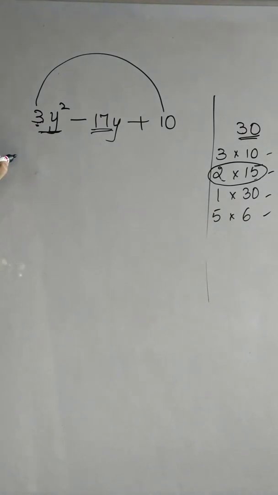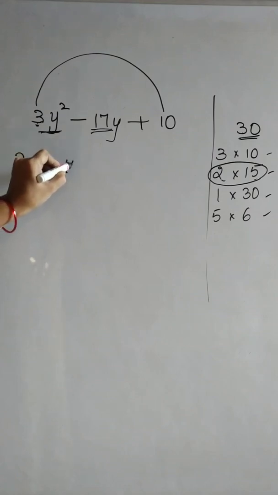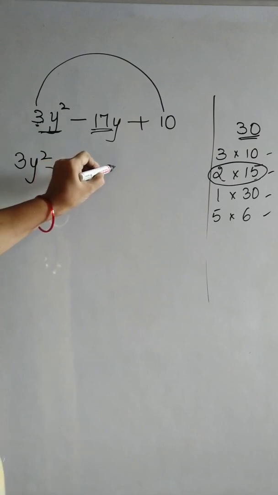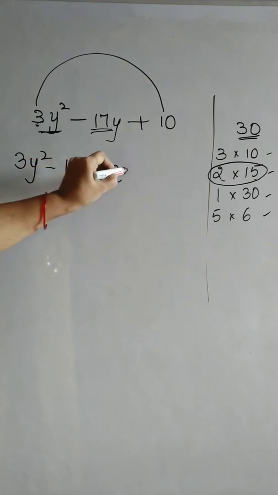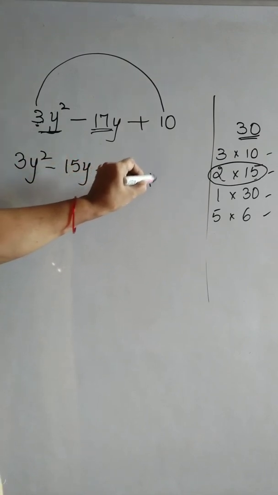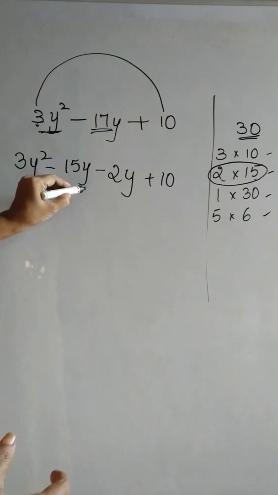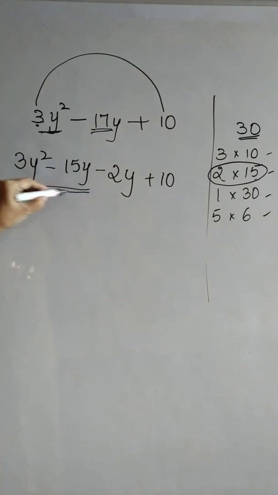So we write here 3y square minus 15y minus 2y plus 10. Now, consider the first two terms.